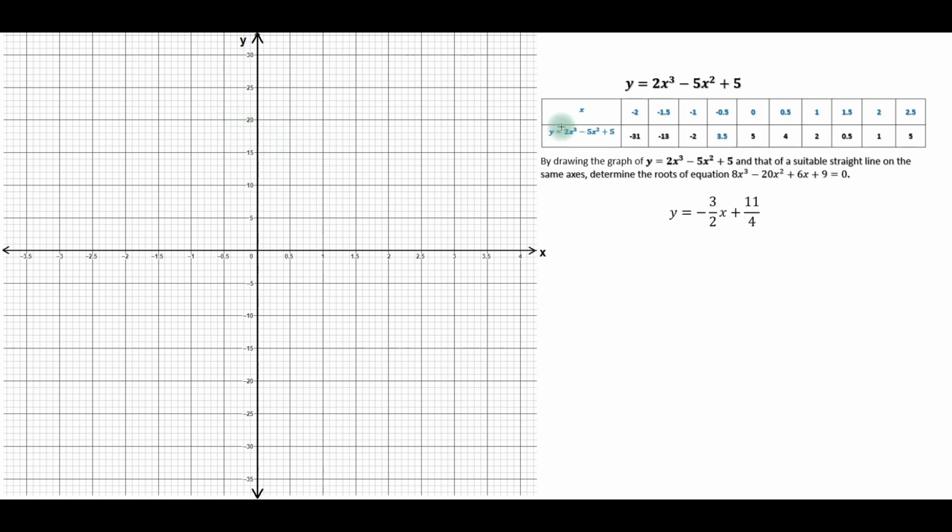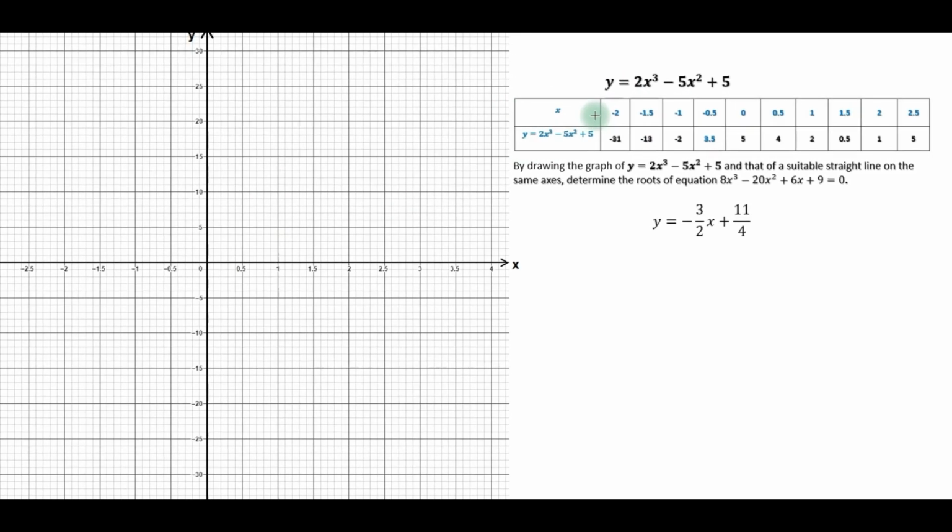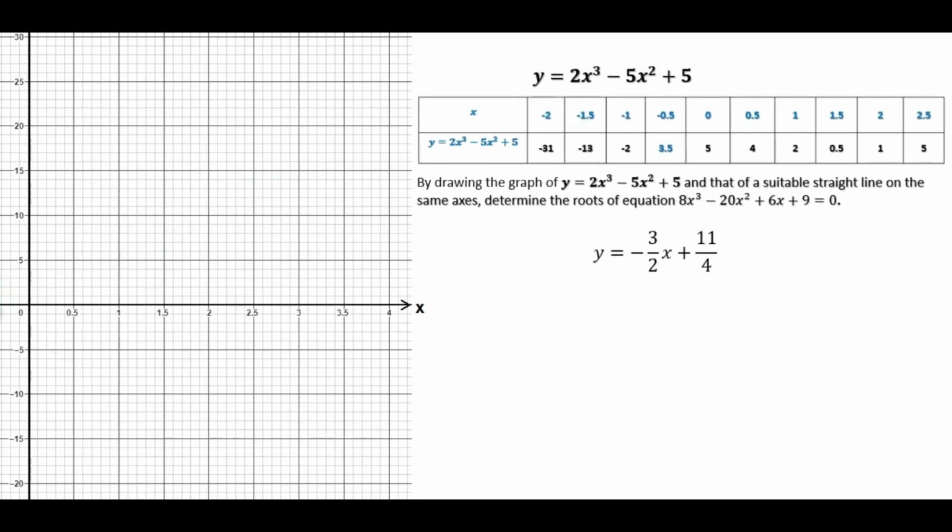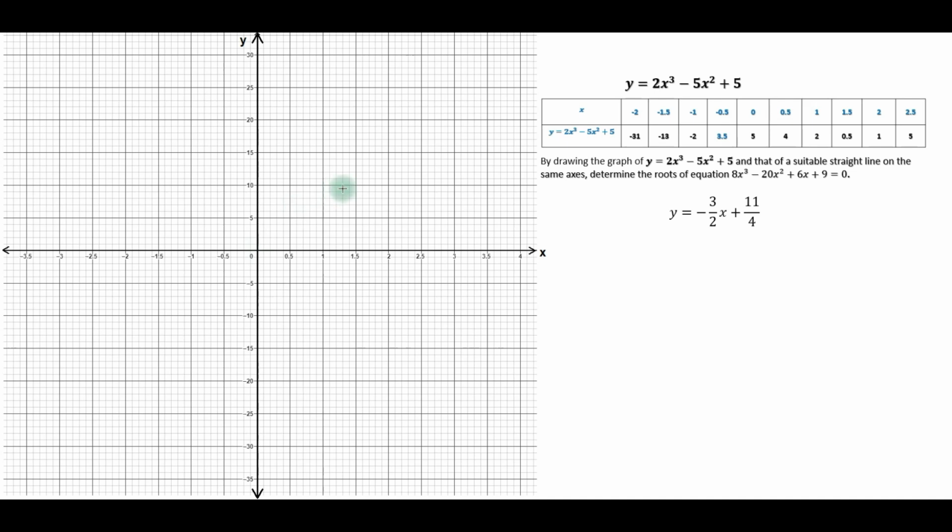Now here we have the grid whereby we are going to plot this cubic function, and for the x-axis one big square will represent 0.5, and for the y-axis the minimum value is negative 31, maximum is 5, and therefore we use one big square to represent 5 units, and therefore we can now draw the points.